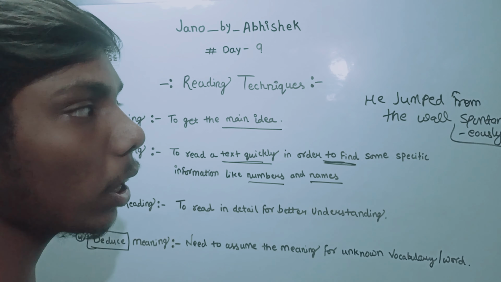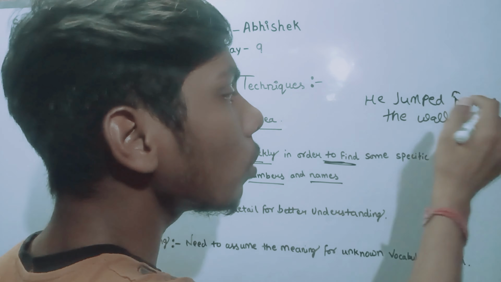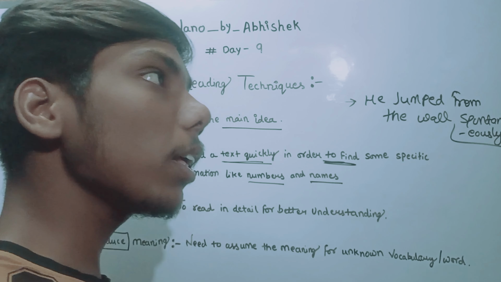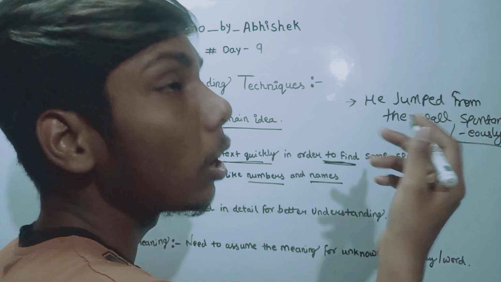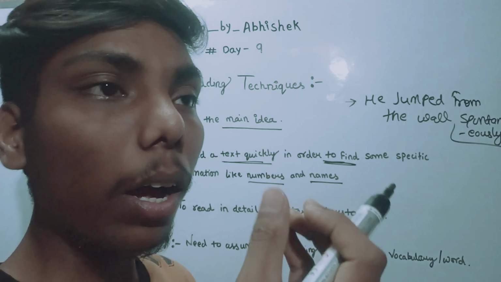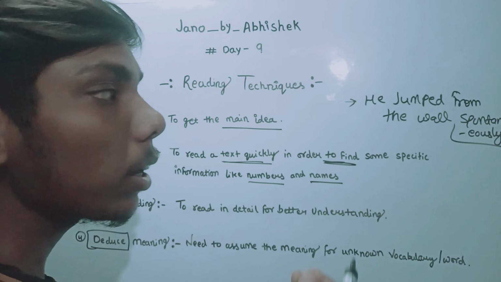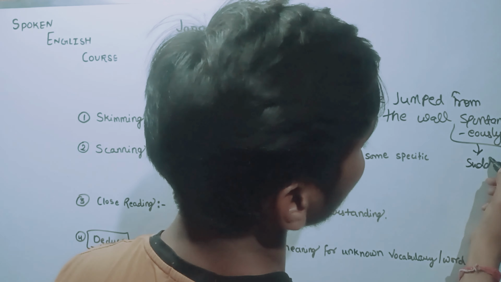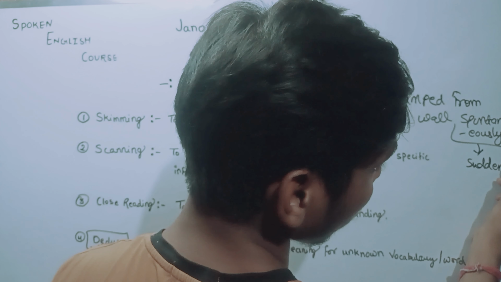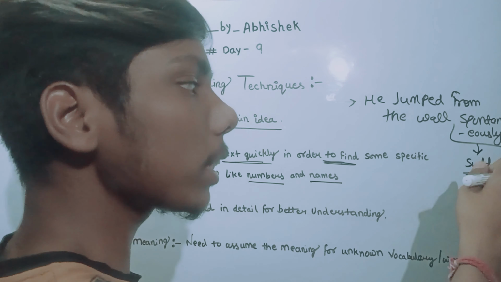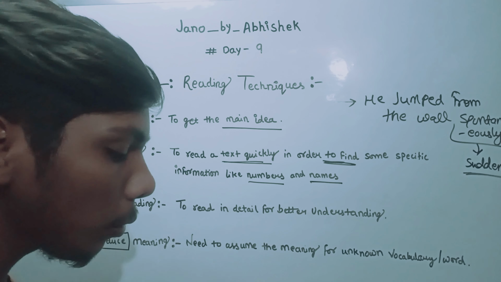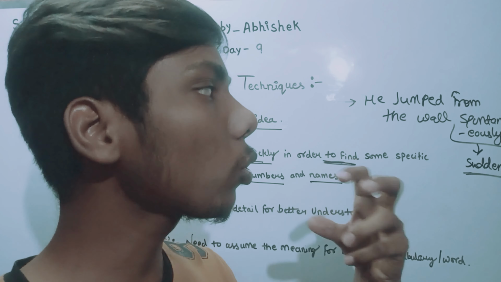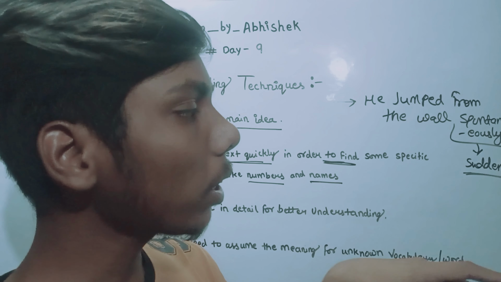But we have to understand what the sentence is trying to say. He jumped from the wall spontaneously. Somewhere from the vibration that is coming, what could be the meaning? That is suddenly. So here, I read a sentence and I'm just assuming what could be the meaning. So what I got is suddenly.